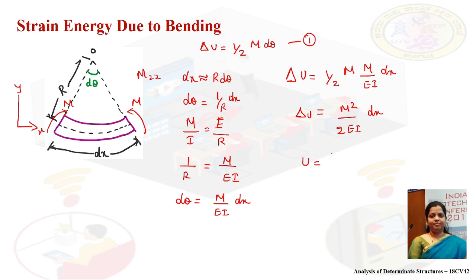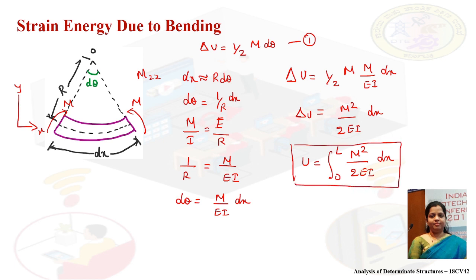Strain energy of the entire beam will be equal to integral 0 to L of M square by 2EI into dx. These are the expressions computed for the strain energy from axial force, shear force, torque and bending.